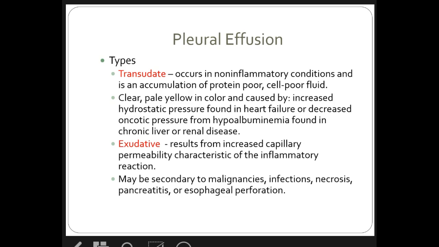Exudative is when you have increased capillary permeability, and this is a result of an inflammatory response or reaction. It could be secondary to malignancies. The patient can have an infection. There could be some necrosis. They can also develop pleural effusions with pancreatitis, or if there's an esophageal perforation that has occurred for some reason, such as when people have fish bones, or we had a patient that had swallowed a chicken bone and actually perforated the esophagus.